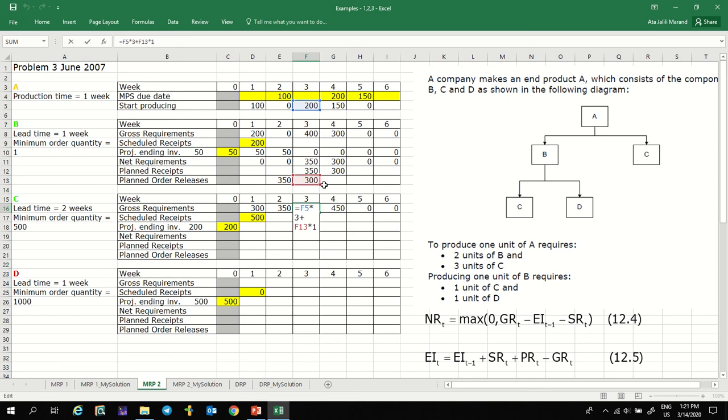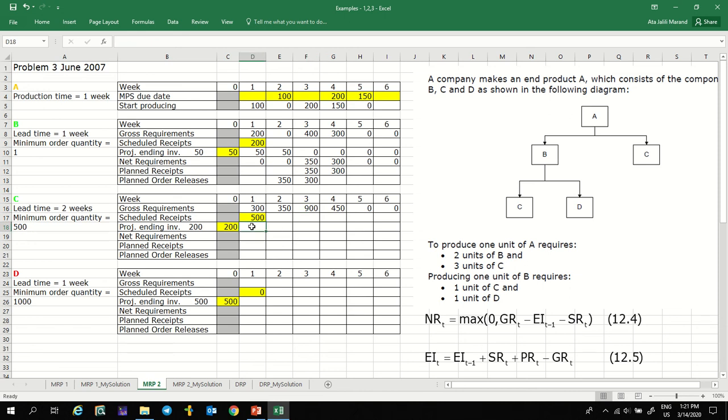And for each of these units, I want to have 1 unit of C ready by that time. So 600 plus 300 will give me 900. So I want 900 to be ready in week 3, and it is the same for the next weeks.